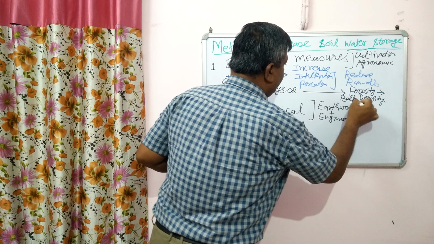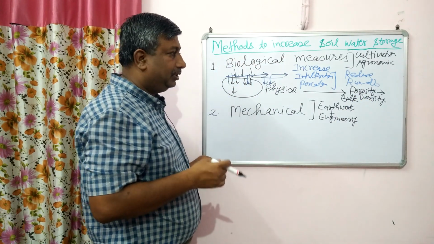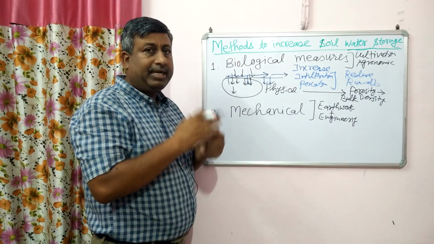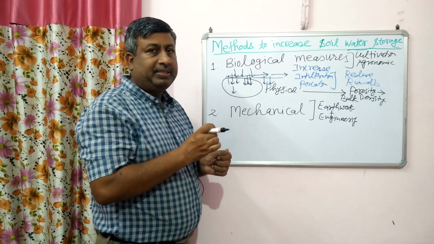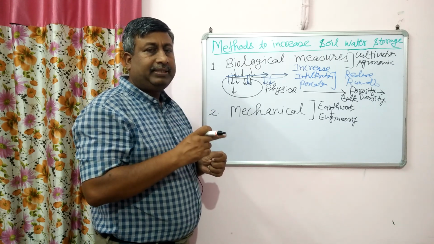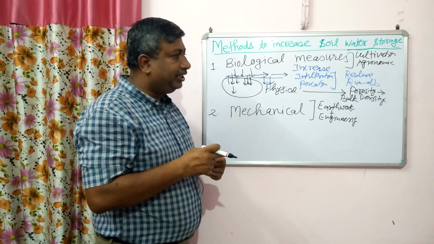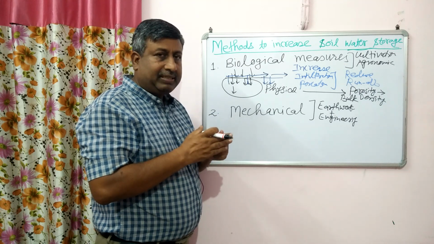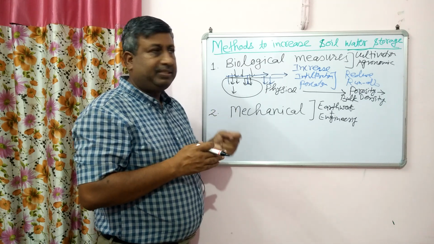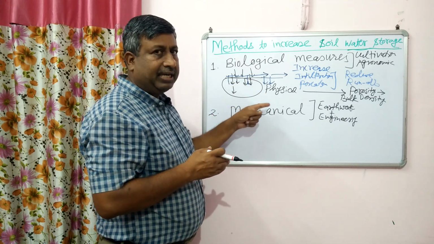So what is the bulk density will decide the porosity. If bulk density is high, means particles are very close, then pore space is less. So bulk density is inversely related with the porosity.